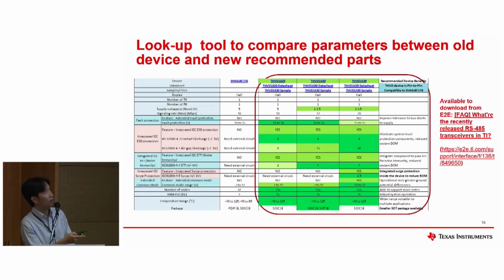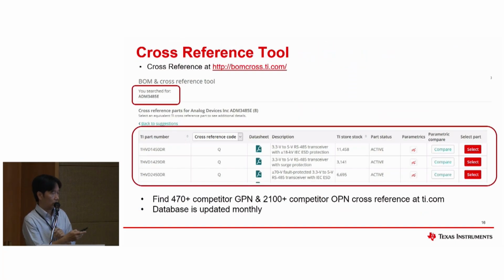Okay, so if you have a specific part number and you want to check what recommended part number TI suggests, then you can use this tool, which you can download from this link. That is about TI to TI replacement alternatives.